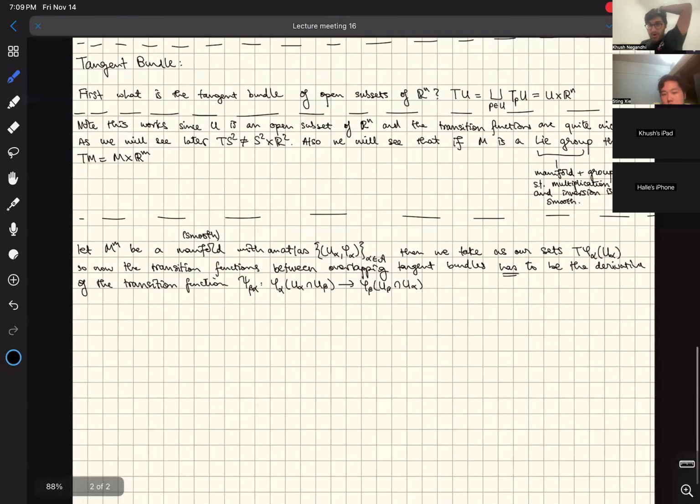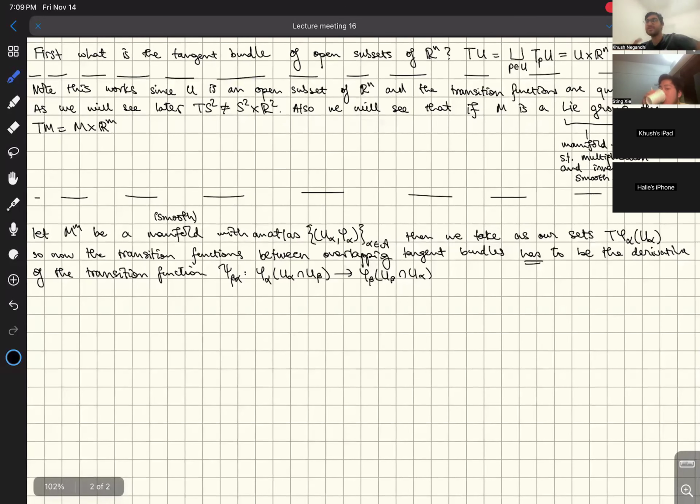Okay. There's no other choice for this. Now, as we will see later on, there are many other choices that we could have made. There's nothing special about this transition function, but we want tangent vectors to behave like tangent vectors.